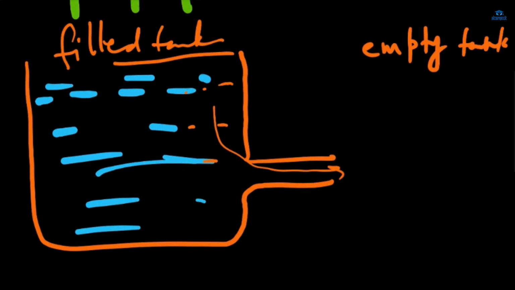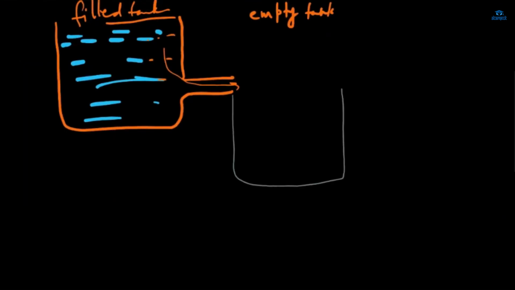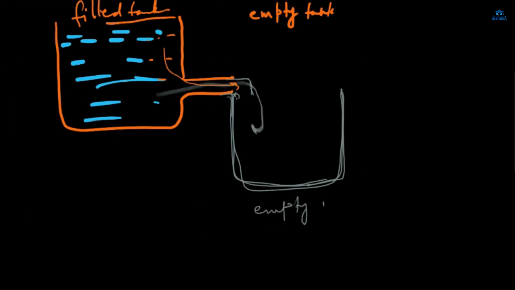Or make it like this, now it will be more clear. Here is the other tank, this is the empty one. So water will flow from higher potential to lower potential, meaning from the filled tank.